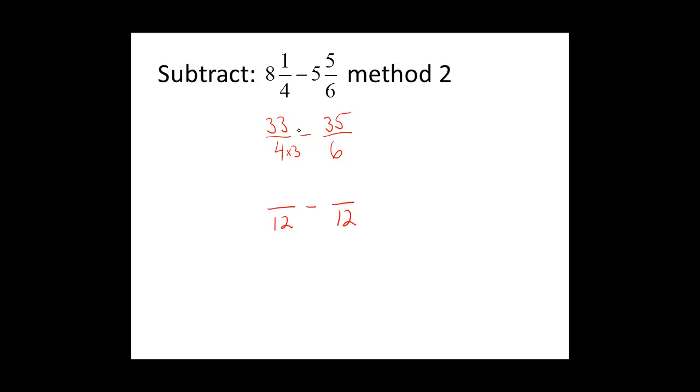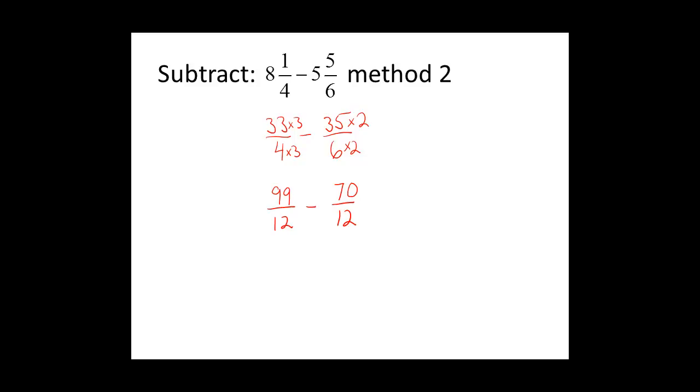So we need to multiply the numerator by 3. 33 times 3 is 99. We multiplied 6 by 2 to get 12. So we need to multiply the numerator by 2. 35 times 2 is equal to 70.